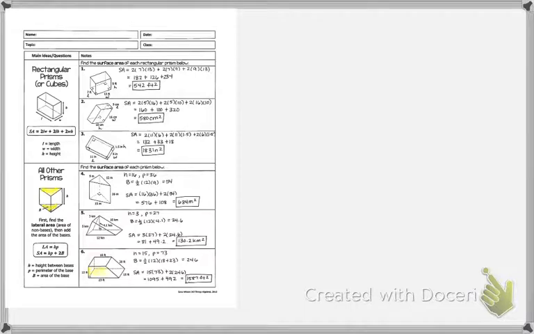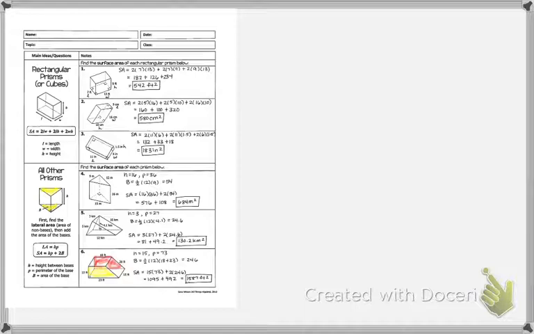This trapezoid, and then this trapezoid back here, this would be a trapezoidal prism, or a trapezoid prism. I would understand that, and I would take that as an answer.